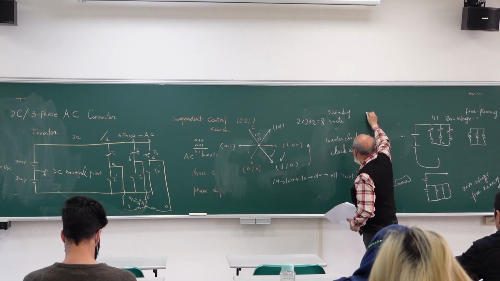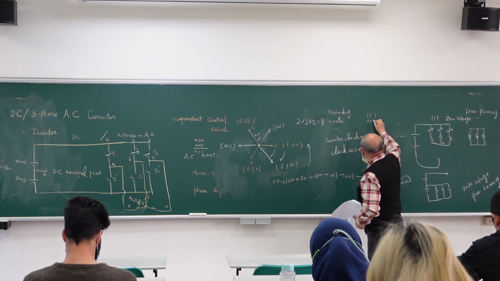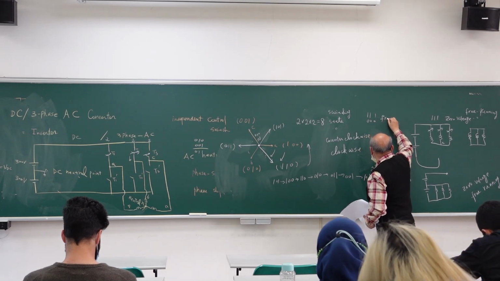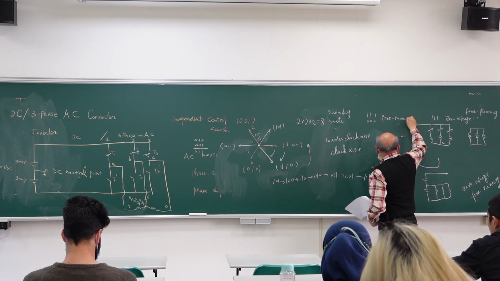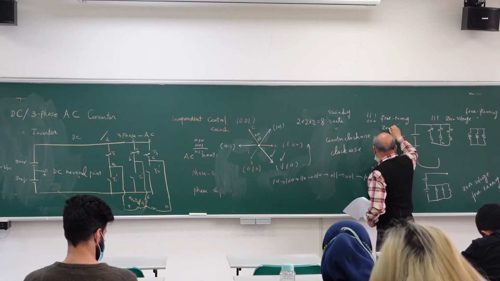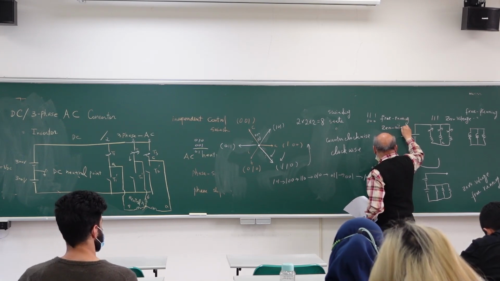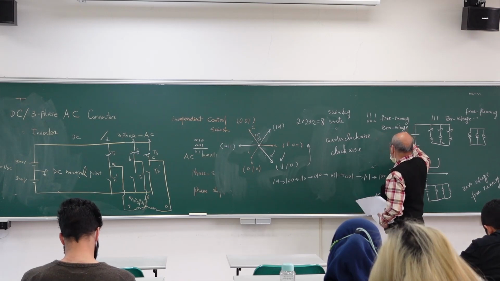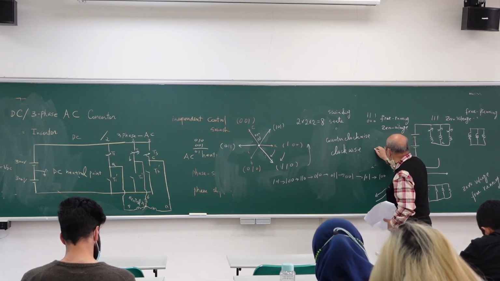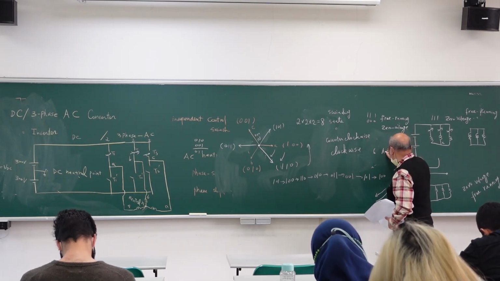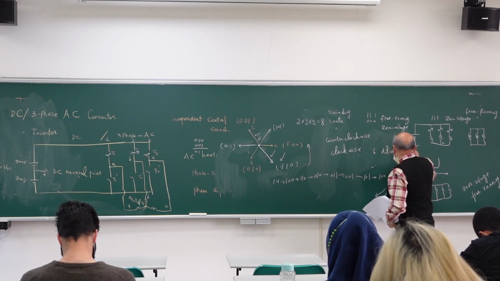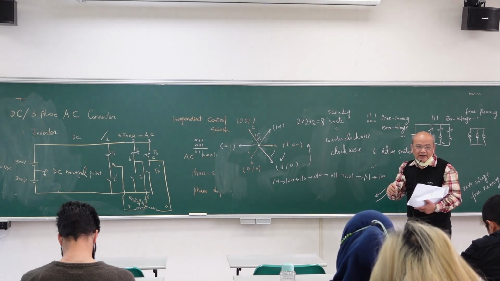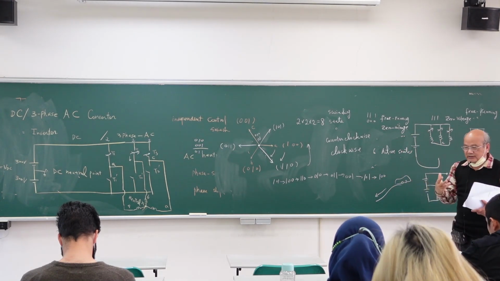But we have 1, 1, 1 and 0, 0, 0. We call it free running, or we call it 0 voltage state. So the useful state is only 6. We call it active state. Useful state only 6 state active.